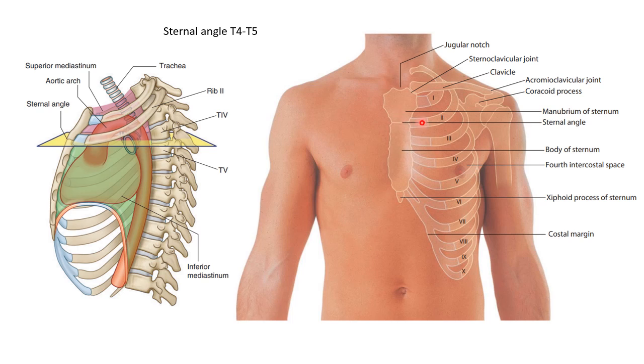So the sternal angle is a surface landmark to guide the physician to count the ribs. We cannot count from the first rib.